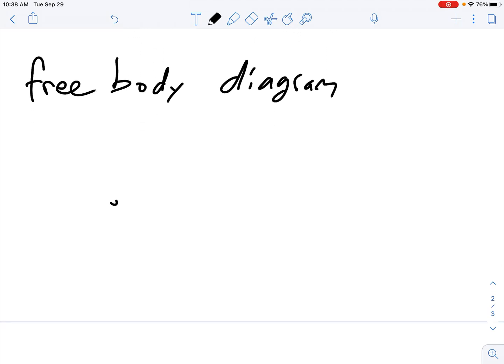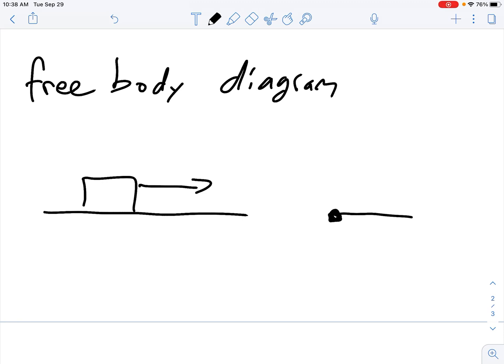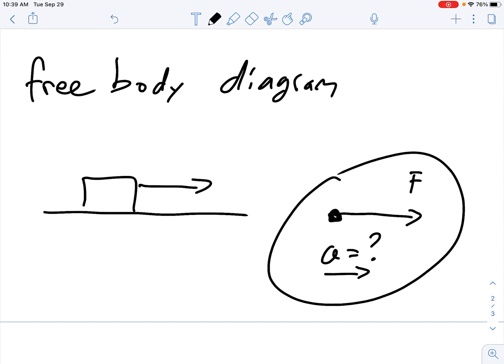So, let's just say my object of interest is going to be some box, and I'm going to push it across the table or across the floor. Well, then my free body diagram would be a dot representing the box, an arrow representing the force, and some statement about the acceleration. Well, I don't know what the acceleration is going to be, but I do know it's going to be that way. That gives me my free body diagram.